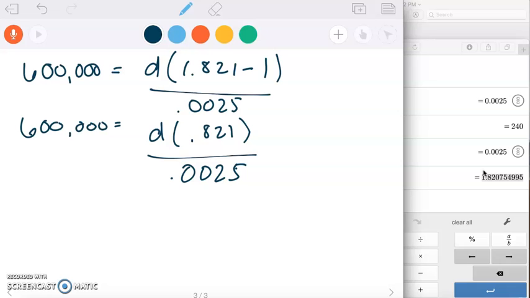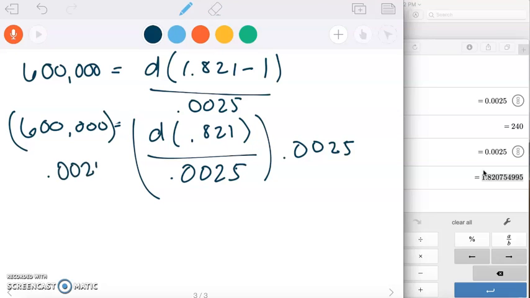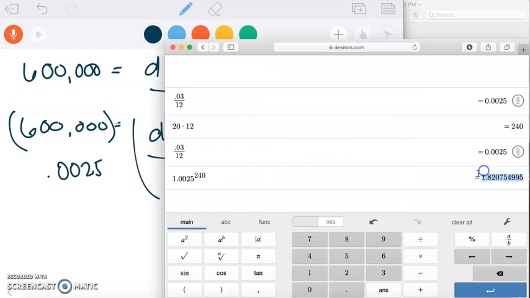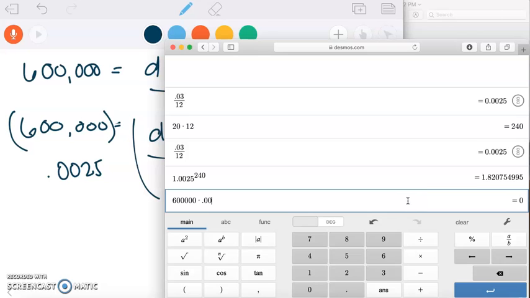So the first thing we need to do is multiply both sides by 0.0025, right? So when we do that, over here we have 600,000 times 0.0025.